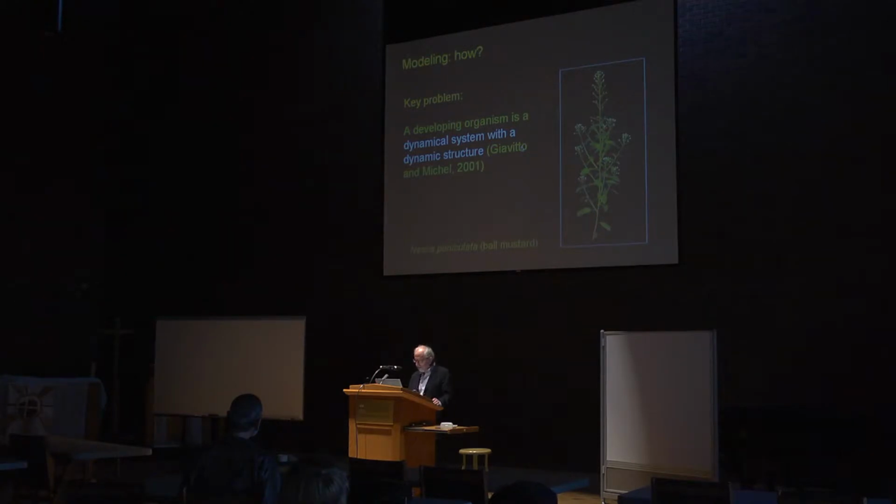And this creates a problem which was named by two French researchers, Giavitto and Michel, as a dynamical system with a dynamic structure. So, in the case of development, we inherently deal with dynamical systems with dynamic structure, and the question is what mathematical tools you can use to describe them.